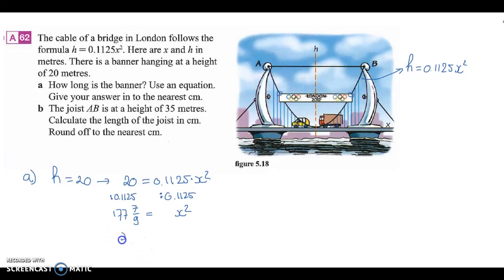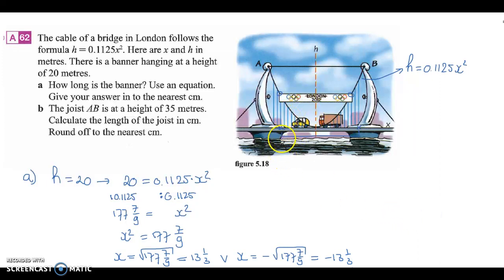Okay, so we know that x squared has that value. So x is equal to the square root of 177.7 repeating, which is 13 1/3, or it's equal to minus the square root of 177.7 repeating, which is minus 13 1/3.